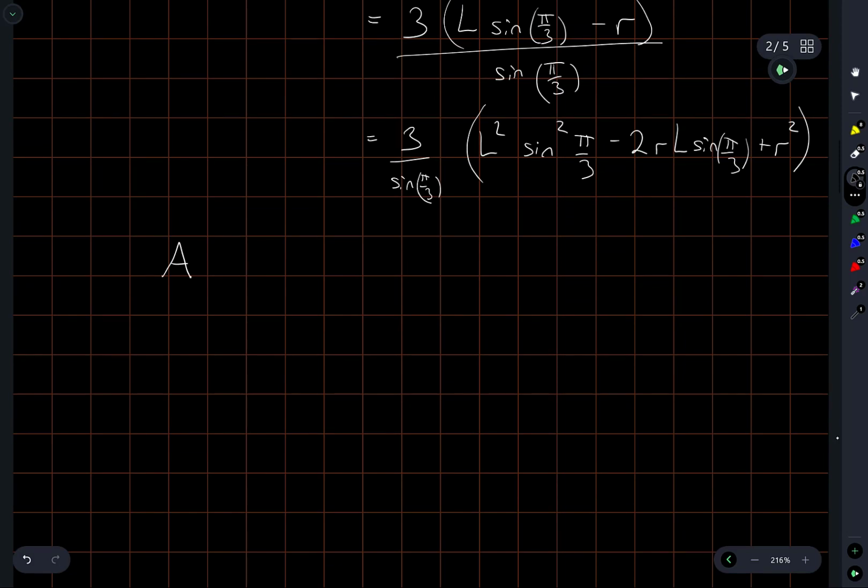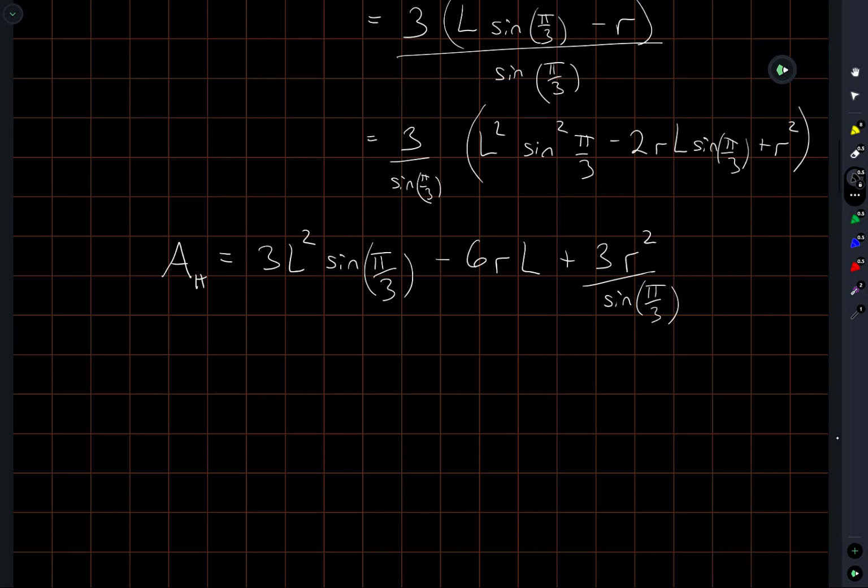Okay, so my area of the hexagon, finally, is 3L squared sine pi over 3 minus 6RL plus 3R squared, divided by sine pi over 3. Okay. So that's the area of the small hexagon.